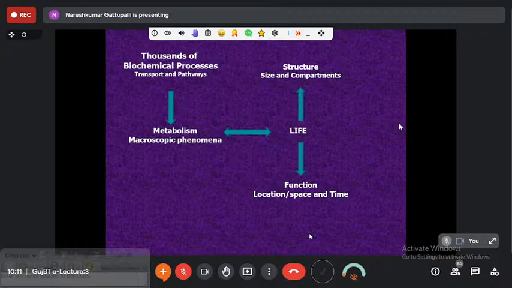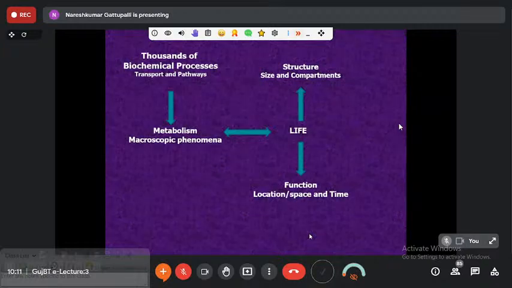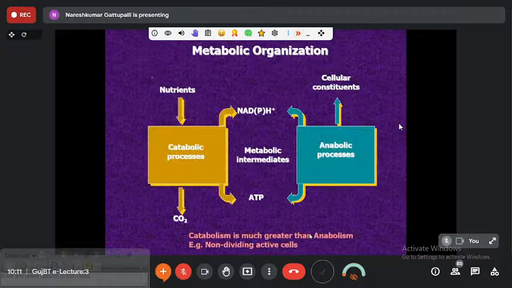It happens in a particular location and space, whatever the cellular concept, and time. Time is also very, very important. So metabolism is a net result of all these processes. We'll try to look at the different aspects of how this metabolism operates in living systems.